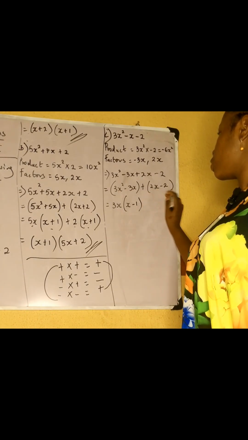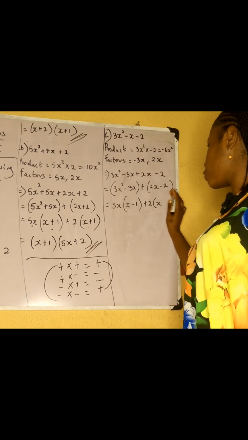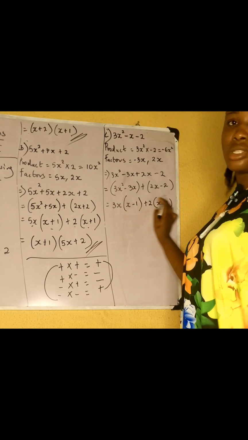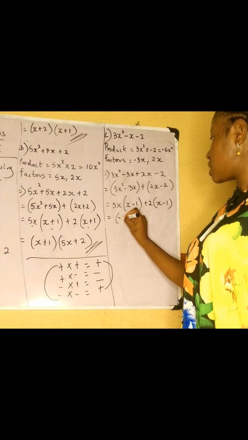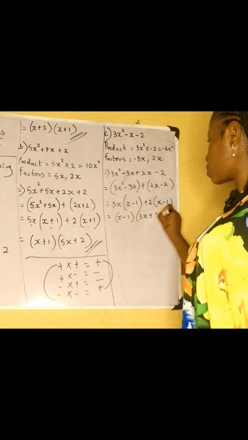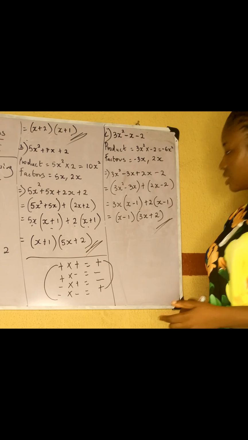What is common here? 2. Remove 2 from here. S remains. Remove 2 from minus 2. 1 remains. So this is the two things common. So this is s minus 1, 3s plus 2. And these are the factors of this beautiful stuff we have there.